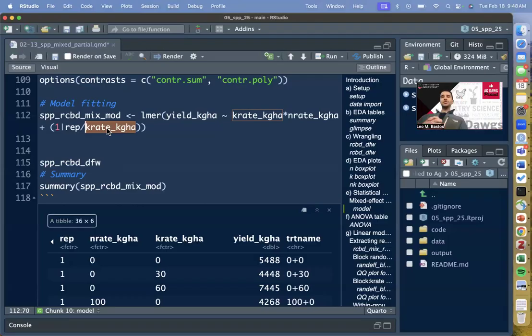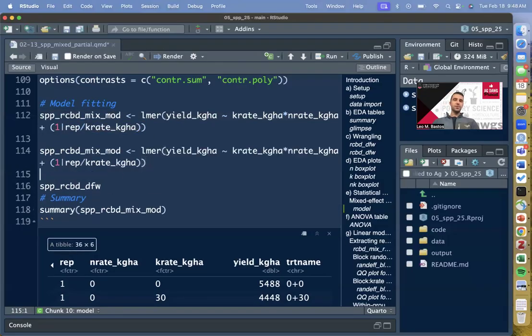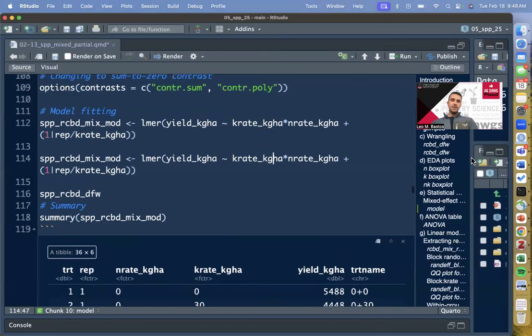Now, I want to bring up something that is not what we're doing, but I want to see if you're thinking along here. You don't have to copy if you don't want, I'm just going to copy so I don't confuse you on the code. So we have potassium and nitrogen.